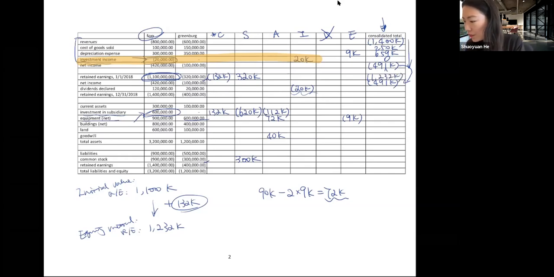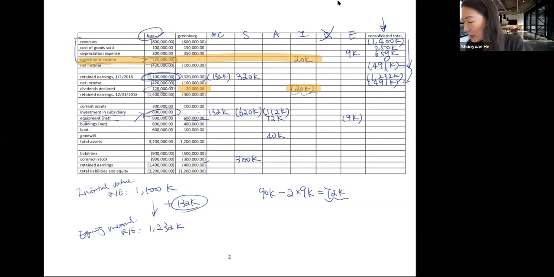Dividend, the dividend paid by the subsidiary to the parent, that is an inter-entity payment. From the outside shareholders' perspective, everything they care about is the dividend paid out to the outside shareholders, so these two cancel out.